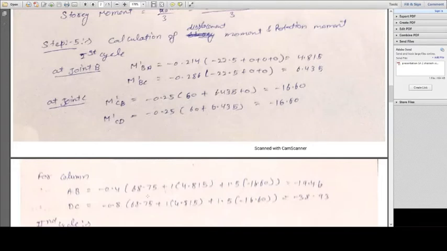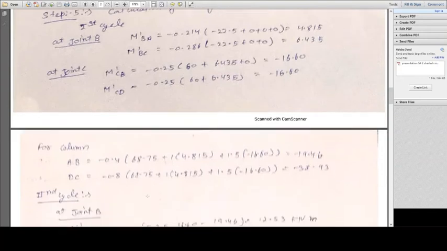This comes out by the formula. And M dash CB is equal to minus 0.286 into minus 22.5 plus 0 plus 0, that is equal to 6.435. At joint C, M dash CB is equal to minus 0.25 into 60 plus 6.435 plus 0, that comes out to be minus 16.60, and similarly M dash CD comes out to be minus 16.60.